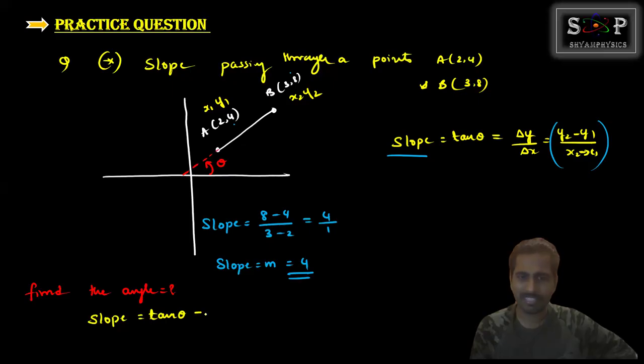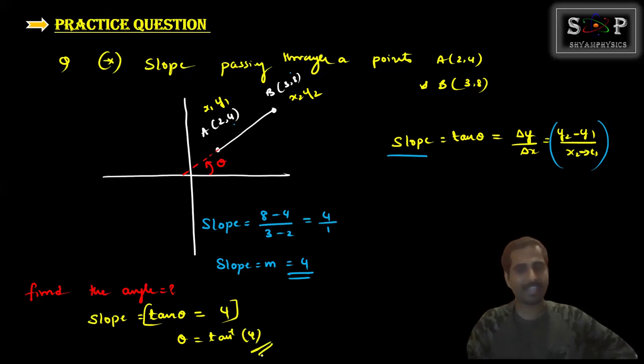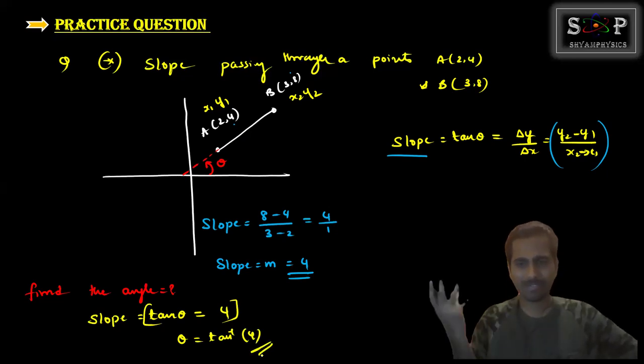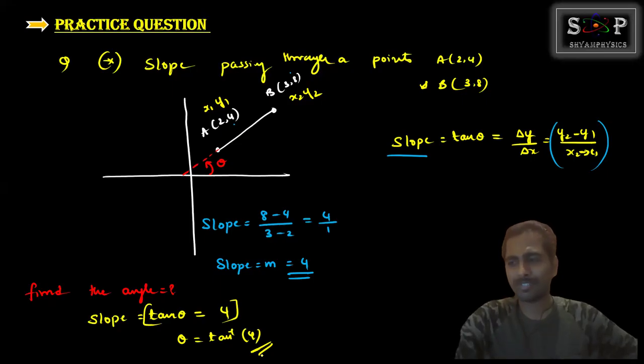The tan theta value means the slope value, which here is 4. Obviously, so I will equate them. Correct? So theta is equal to tan inverse of 4. Whatever you want, you may calculate. Based on the given data, you may calculate anything here.